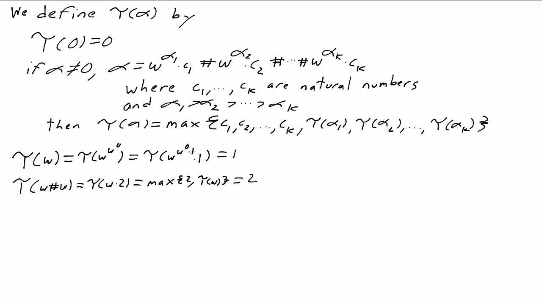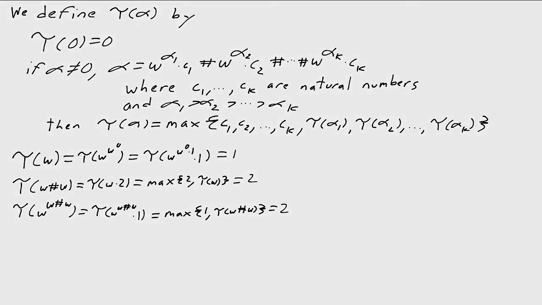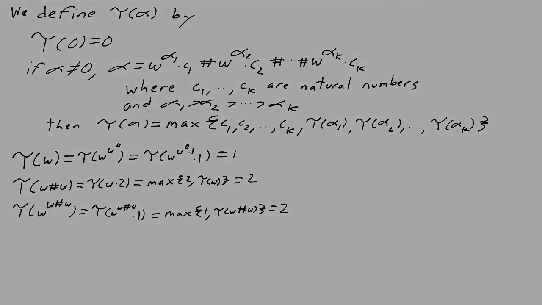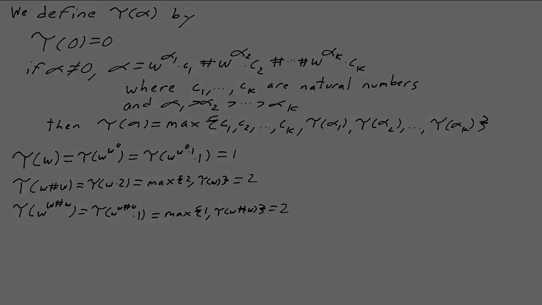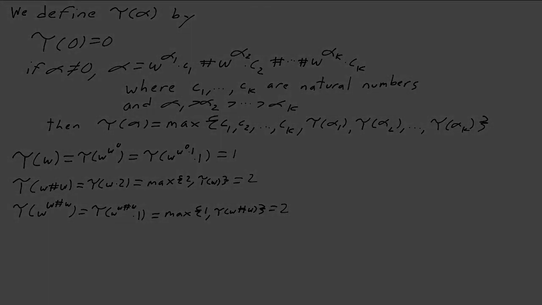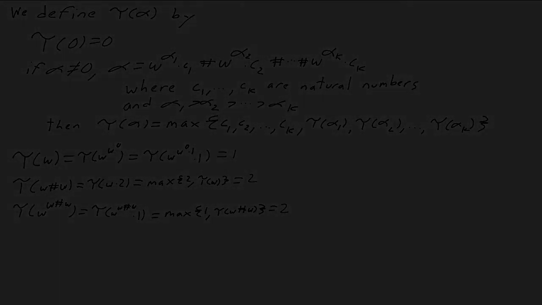And tau of omega to the omega plus omega is also 2. There's only one copy of the term omega to the omega plus omega, but recursively there are two copies of omega in omega plus omega. So tau is the maximum of the number of times we repeat a single term, and we go recursively into the exponents to see how many times terms are repeated in each of the exponents.